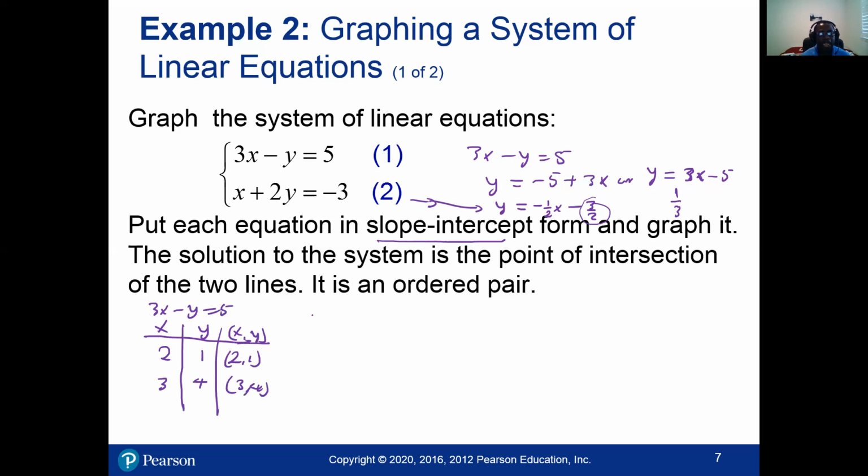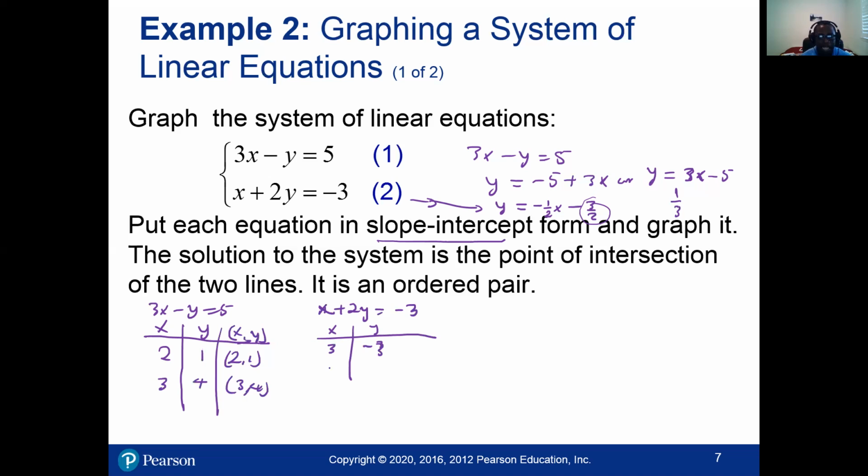Okay, so for the other one, we have x plus 2y is equal to negative 3. We repeat the process. I pick values of x and y so that I'll avoid fractions or decimals. If x is 3, then y is equal to negative 3, because if you have 3, you get minus 6 and you divide both sides by 2.